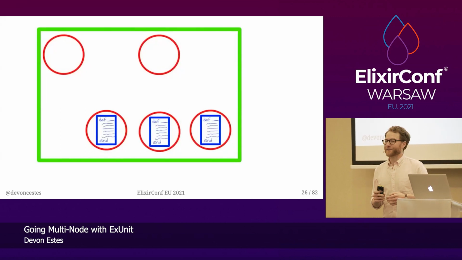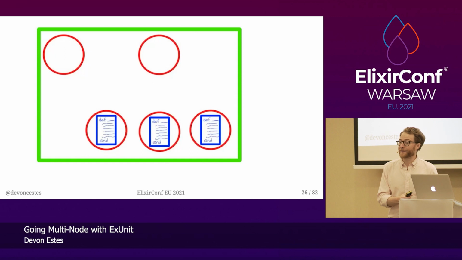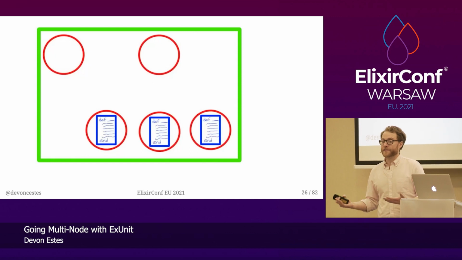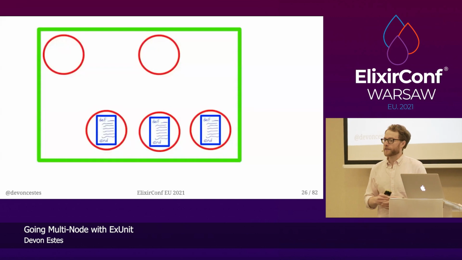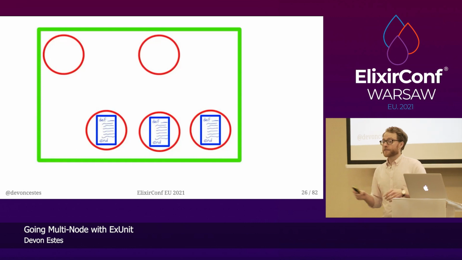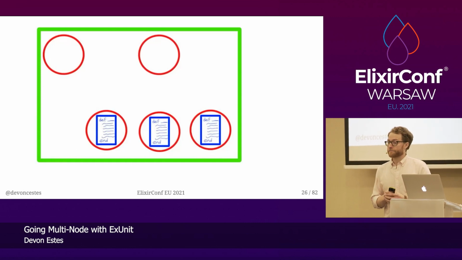But I like to think of a virtual machine as a computer program that knows how to run other computer programs. So when we start mix test and hit enter, it boots up an instance of the Beam, which is the VM that Elixir runs on, and Erlang and Gleam and all these other great languages. It boots up an instance of the Beam, tells it how to run our computer program, and then starts running our computer program for us, okay? So that's a node, a single instance of the Beam VM, all right?